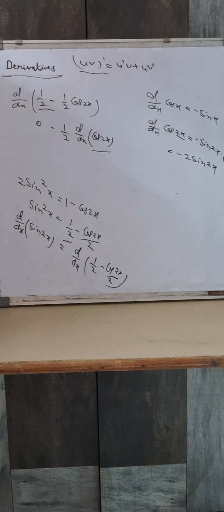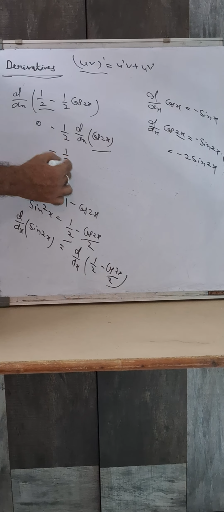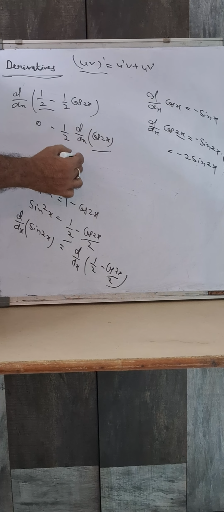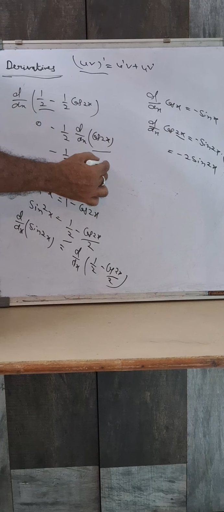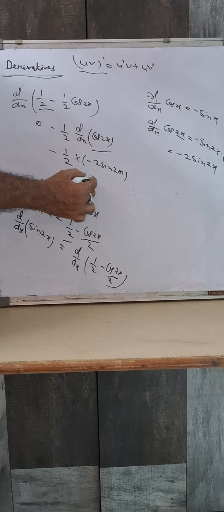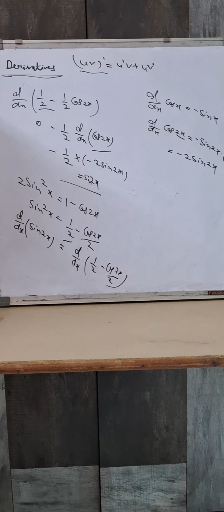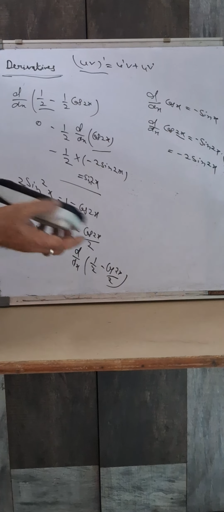So minus 2 sin 2x. Replace it here. Minus half, differentiation of cos 2x into minus 2 sin 2x. So 2 will cancel out, that will be sin 2x. So I have solved this with 2 methods. I hope you understand it.